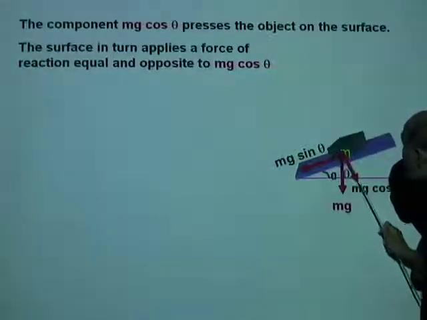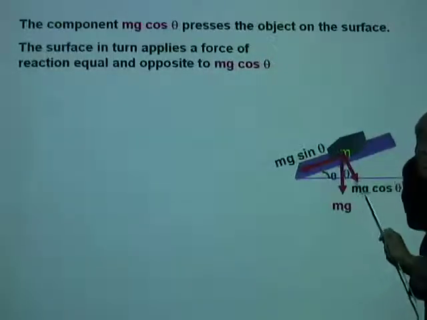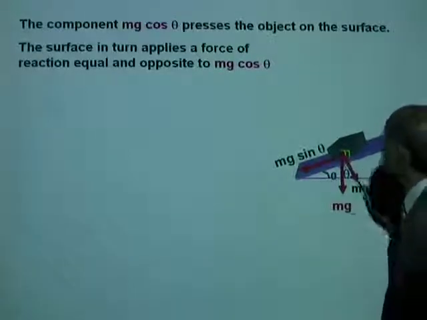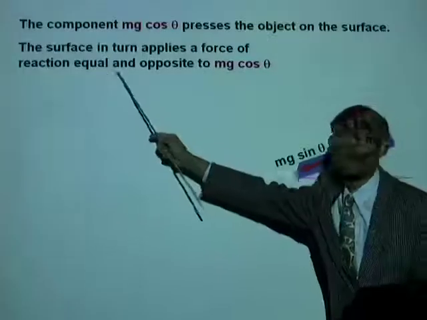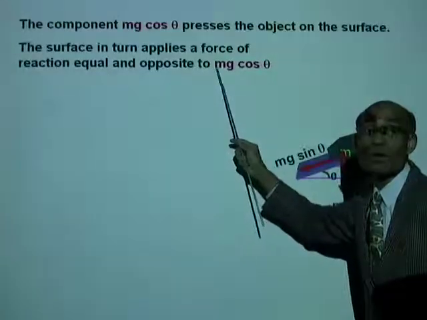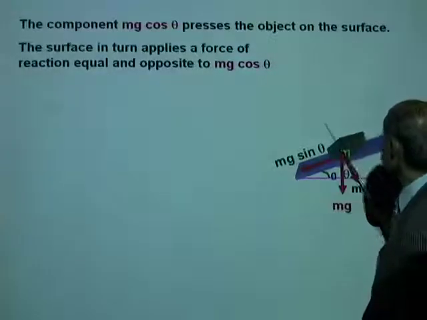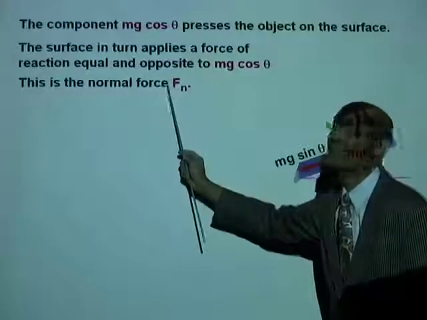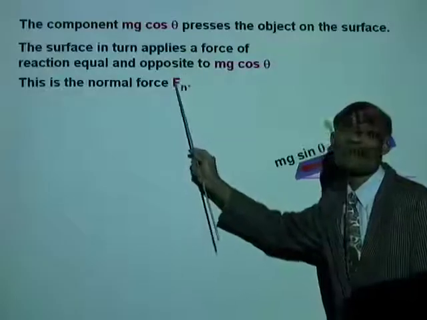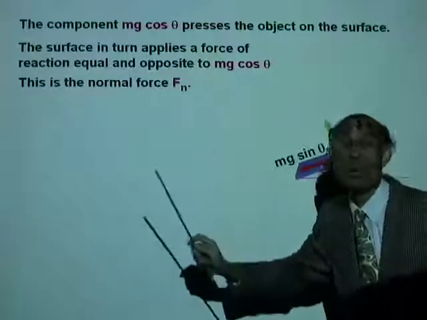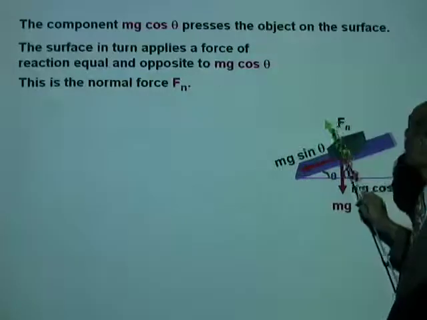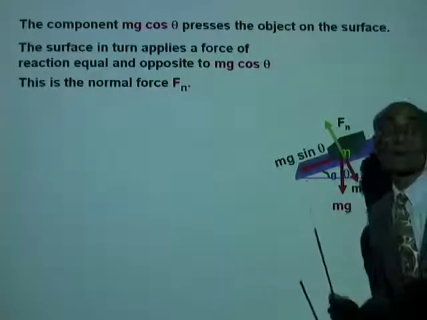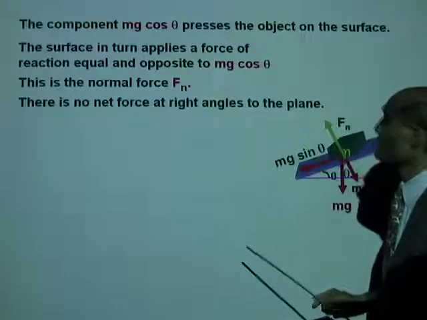You see, this mg cos theta is pressing this surface at right angles, and the surface in turn applies the force of reaction, which is equal but opposite to mg cos theta. There you have the force of reaction, which we are going to represent as F sub n, the normal force. So this is the normal force, which is the same as mg cos theta, but directed in the opposite direction.